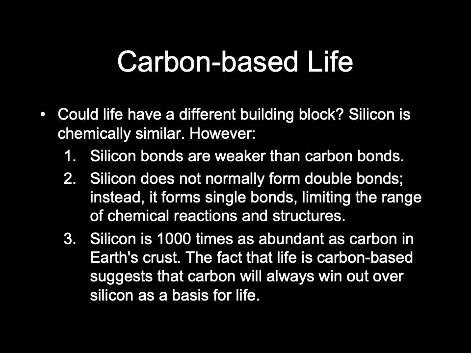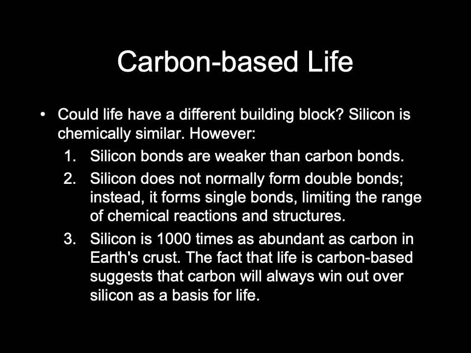And so the most common elements needed for life here on Earth are carbon, hydrogen, oxygen and nitrogen. Now, could life have a different building block other than carbon? Well, silicon is chemically similar, but silicon bonds are weaker than carbon bonds. Silicon usually only forms single bonds, not double bonds, which limits how it behaves in molecules.